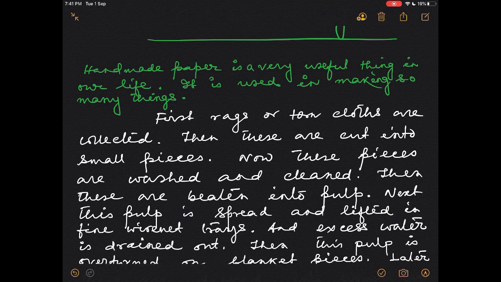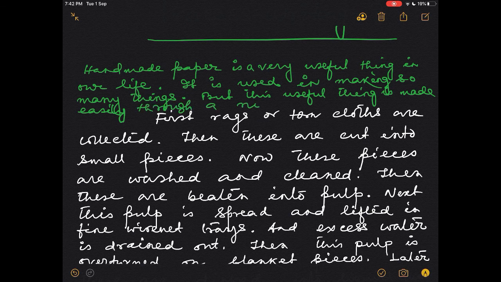Okay, but this useful thing is made easily through a number of steps. You may write through a number of simple steps.